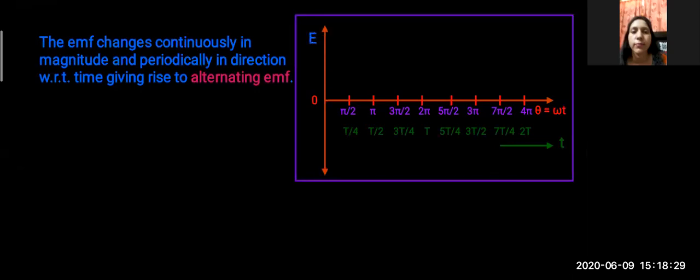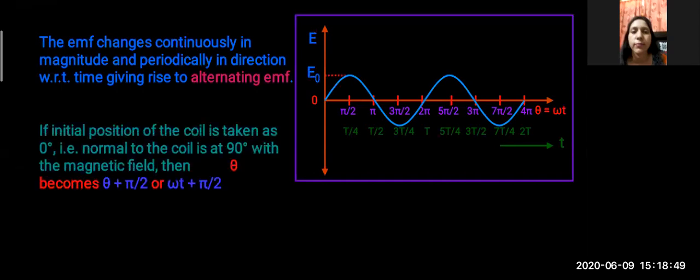On the y-axis is EMF E. So the EMF changes continuously in magnitude and periodically in direction with respect to time, giving rise to alternating EMF. I hope this is clear to you. So E naught is the peak value of this EMF.